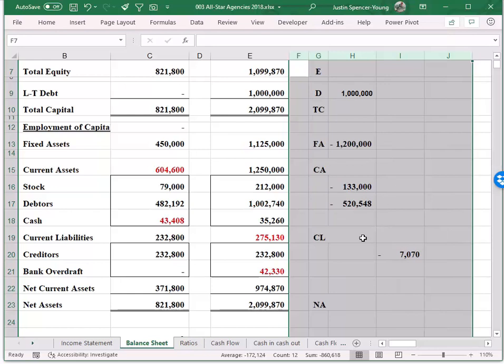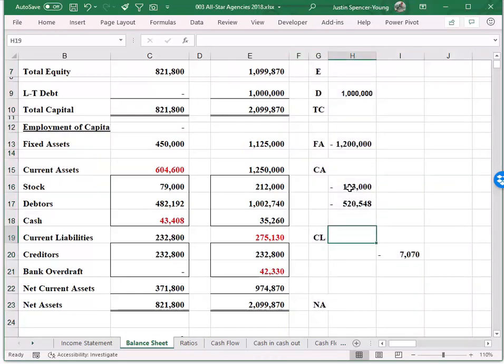So you'll find some numbers that I've put in here on the right hand side that have done this calculation for me, and there you see it's simply the one minus the other, and I've got a negative sign there because I said 212 minus 79, and that gave us an outflow of 133,000.